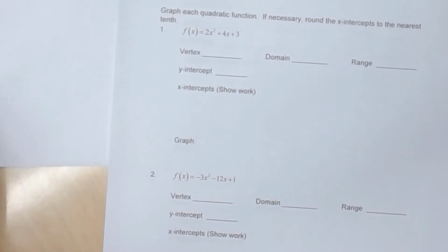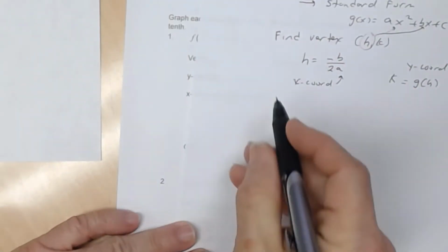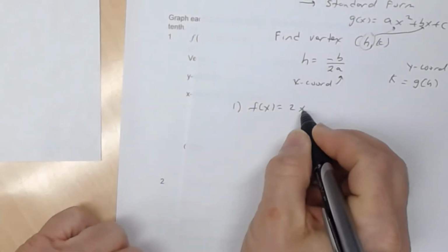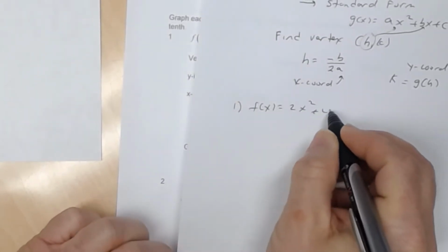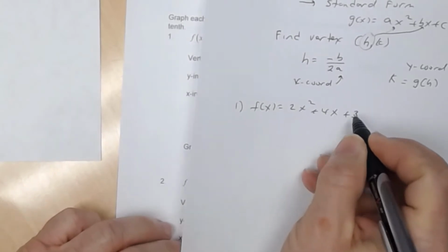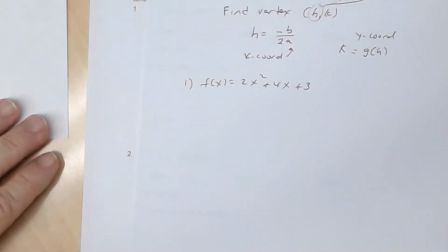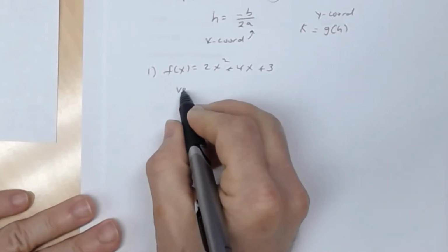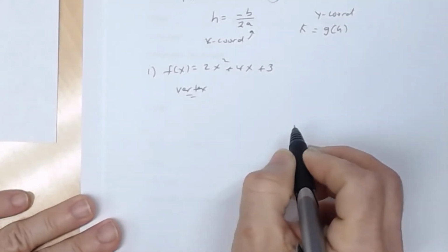Number one, my function is f of x equals 2x squared plus 4x plus 3. First thing we have to do is find the vertex. When graphing, you must always find the vertex.